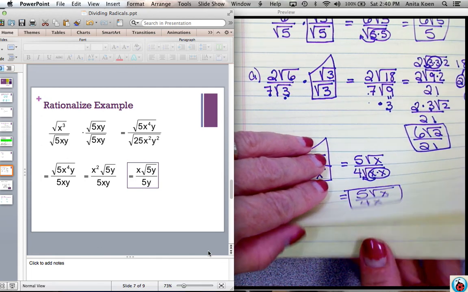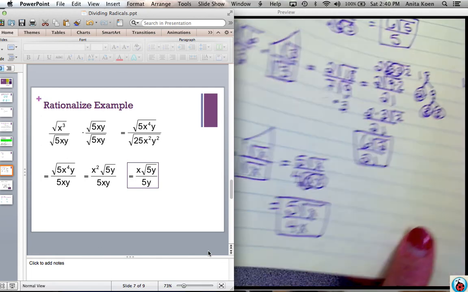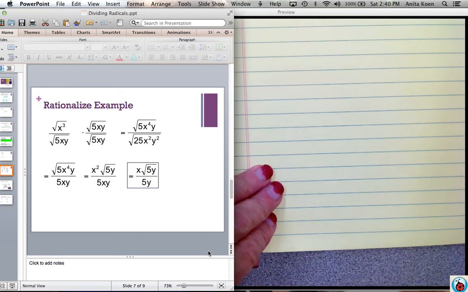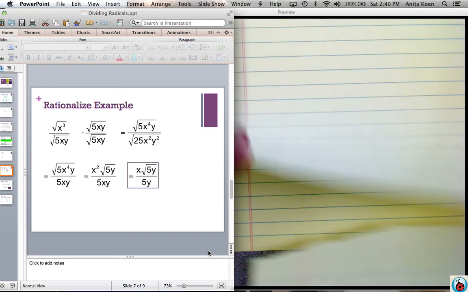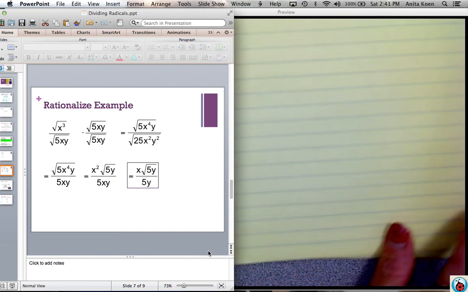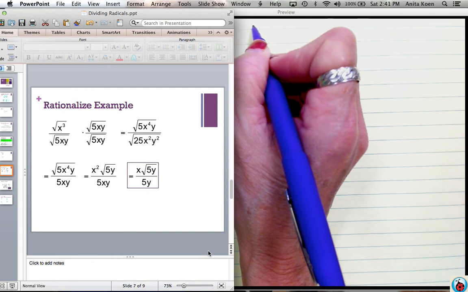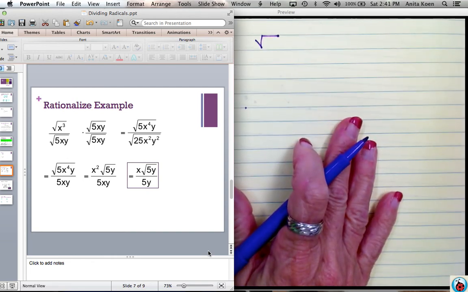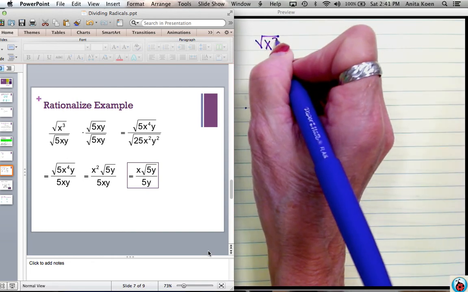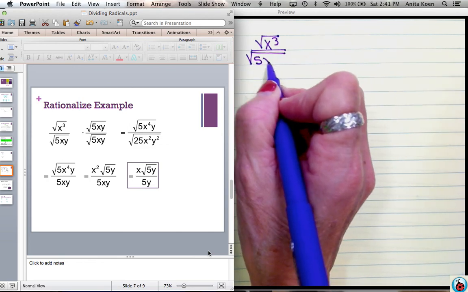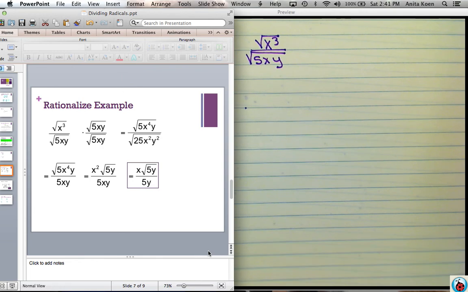Okay, let's look at another example. On this problem, we have the square root of x cubed in the numerator, and we have the square root of 5xy in the denominator.